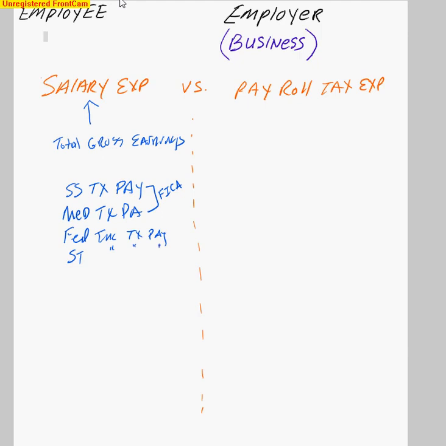And we might have some voluntary deductions like a hospital insurance, but I think this problem is actually going to be mentioning union dues, which is another type of voluntary deduction from your paycheck. Not always the truth with every employer, but in this, we're going to just use that as an example. And then the last thing that's part of the salary expense is what's left over from the gross earnings after paying all the taxes.